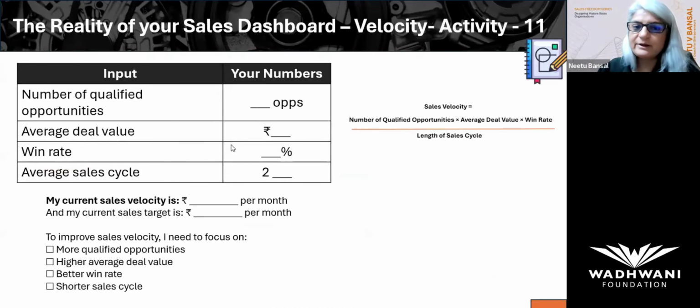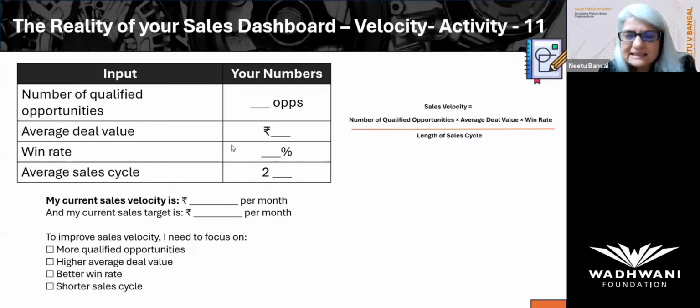So this is the work that you're going to do on your velocity also. Take a look at your numbers. If you don't know your win rate or your average sales cycle, or you're finding it very difficult to calculate your average deal value, put an assumptive number.